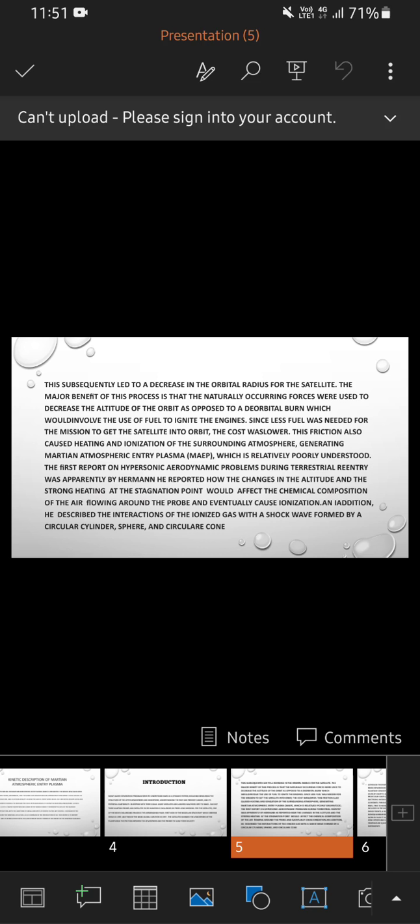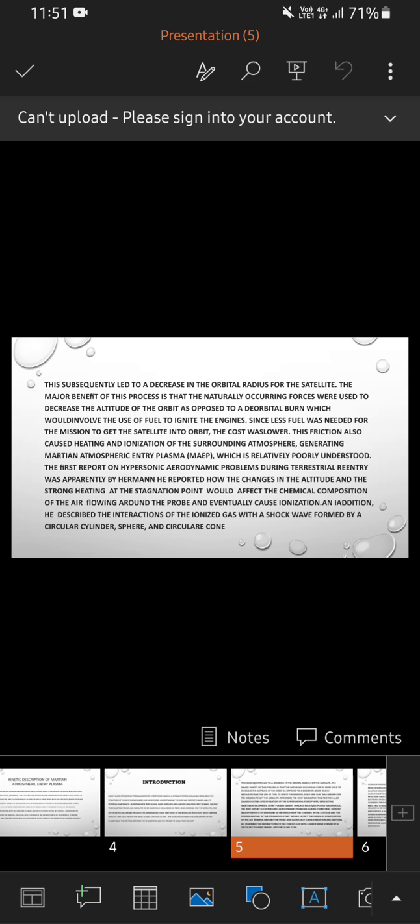relatively poorly understood. The first report on hypersonic aerodynamic problems during terrestrial re-entry was apparently by Herman. He reported how the changes in the altitude and the strong heating at the stagnation point would affect the chemical composition of the air flowing around the probe and eventually cause ionization.